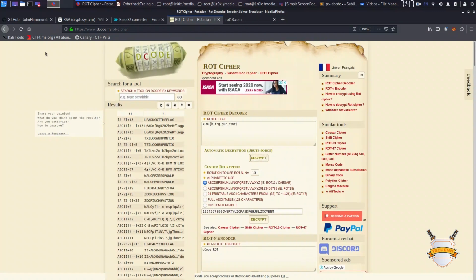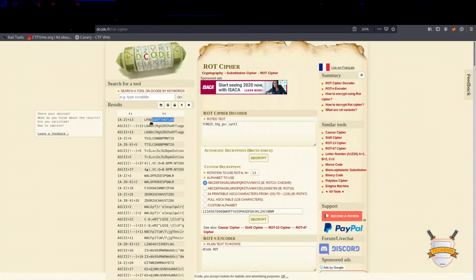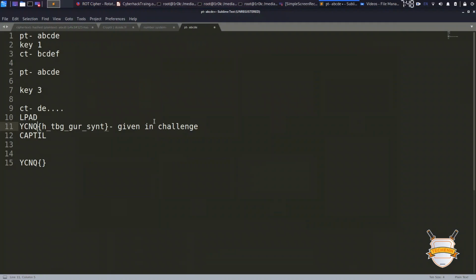The flag is usually in an understandable or readable format. So here you can see LPAD, you got the flag.